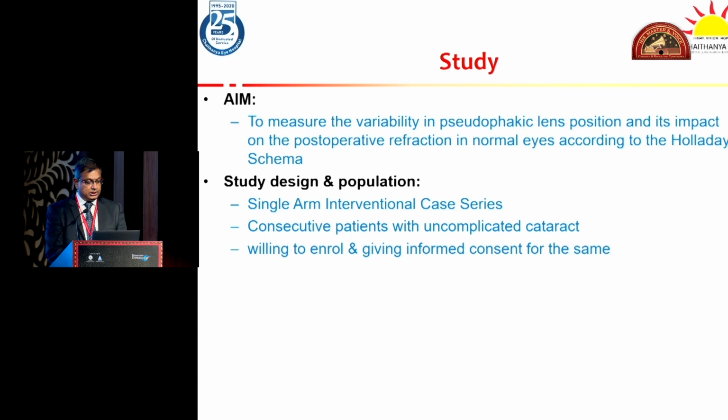This was a single-arm interventional case series of consecutive patients with uncomplicated cataract willing to enroll. The inclusion criteria were normal by the Holladay criteria, that is, axial length 20 to 26 millimeters, white-to-white 10.75 to 13 millimeters, and keratometry 41 to 47 diopters.